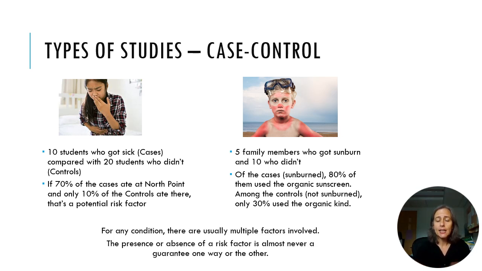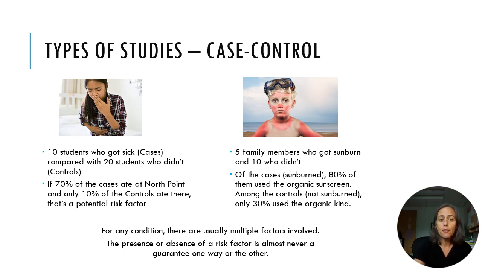So again, for any condition, there's usually multiple factors involved, right? Maybe those family members just had paler skin and they're more vulnerable to sunburn to begin with, right? So the presence or absence of a risk factor is almost never a guarantee one way or another. It's not what's considered either a necessary or a sufficient cause. It just increases the likelihood that you might have the condition or might develop the condition.